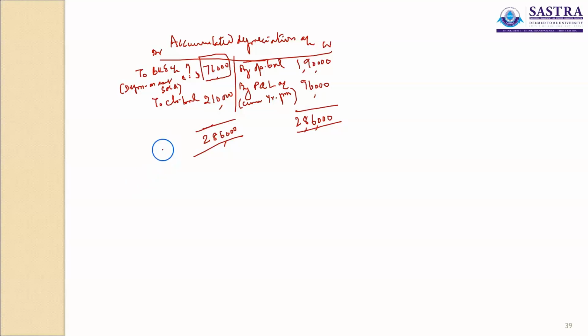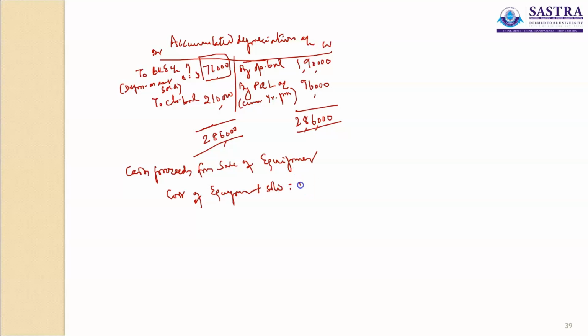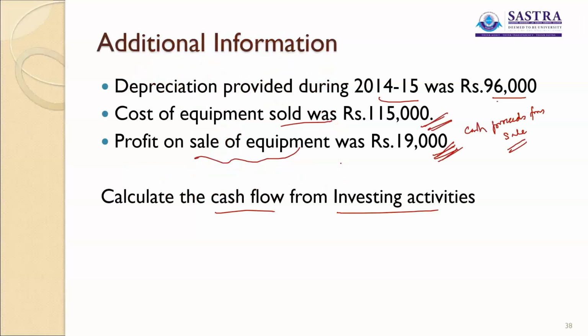So now let us find out calculation of cash proceeds from sale of equipment. Cost of equipment sold is given as rupees 1,15,000 as per the question.